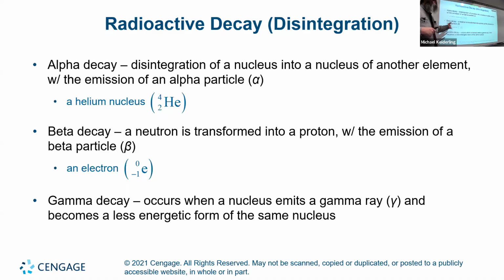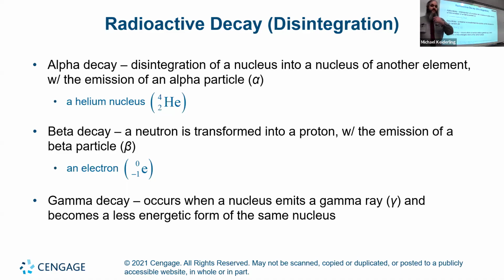The opposite can also happen. A beta particle is actually an electron. You can also have a proton turn into a neutron, and it will emit an anti-electron. And then lastly, gamma decay occurs when a nucleus emits a gamma ray and becomes a less energetic form of the same nucleus.